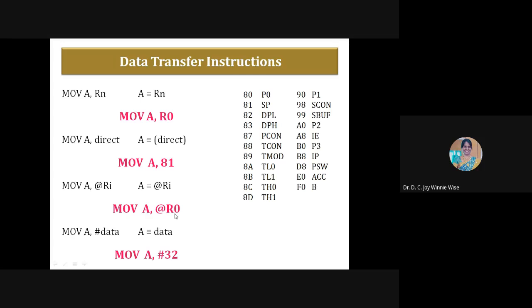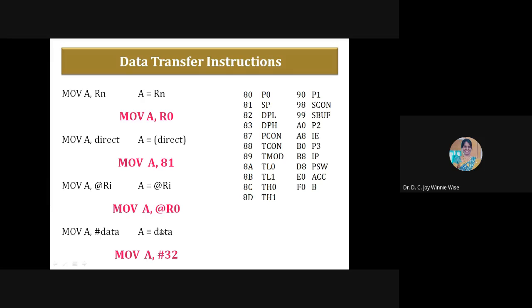For example, let us take R0 contains 81. 81 refers to the stack pointer, so the content of the stack pointer will be transferred to the accumulator. This is direct addressing and this is indirect addressing. You know the addressing modes, no.